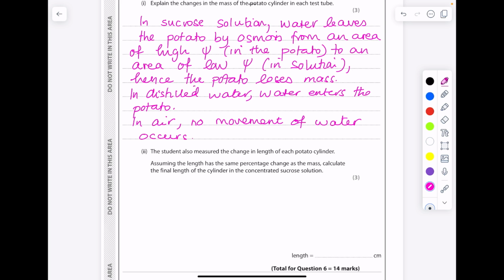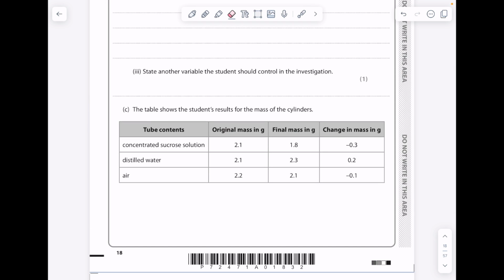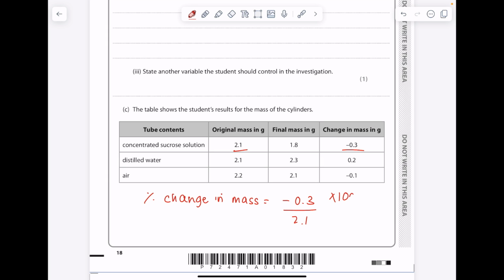The student also measured the change in length of each potato cylinder. Assuming the length has the same percentage change as the mass, calculate the final length of cylinder in the concentrated sucrose solution. So let's scroll up and look at the data, and we want to first of all calculate the percentage change in mass. So we take that change in mass minus 0.3, we divide it by the original mass, times it by 100 to find a percentage decrease in mass of minus 14.3%.